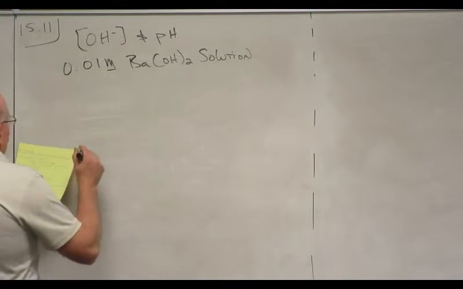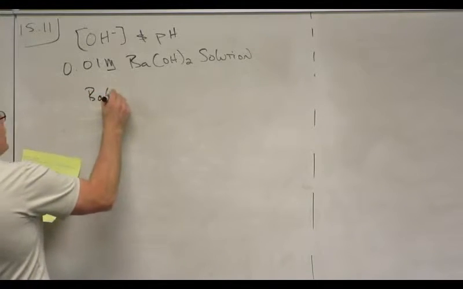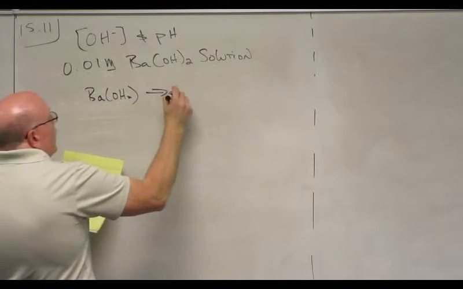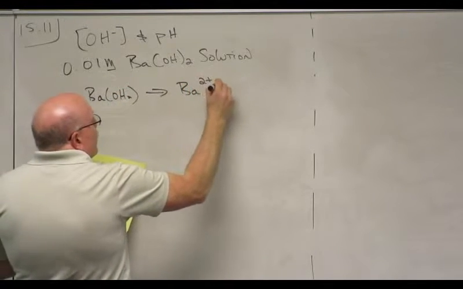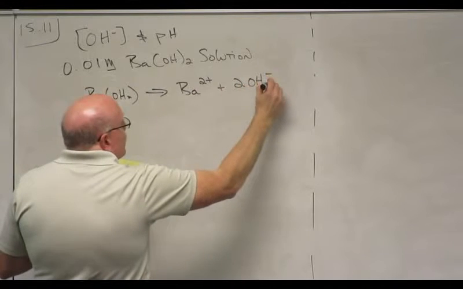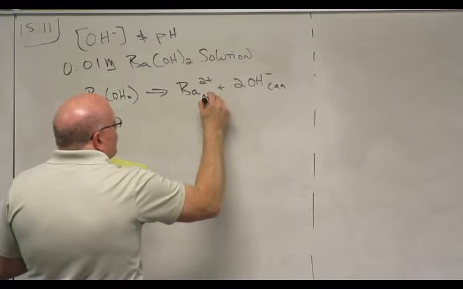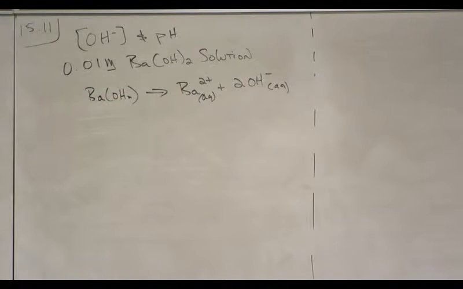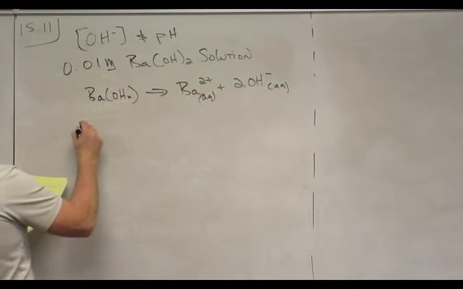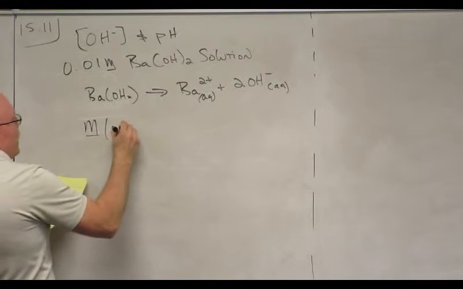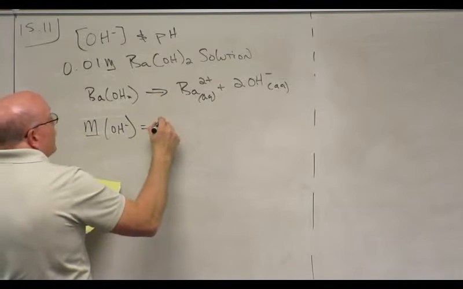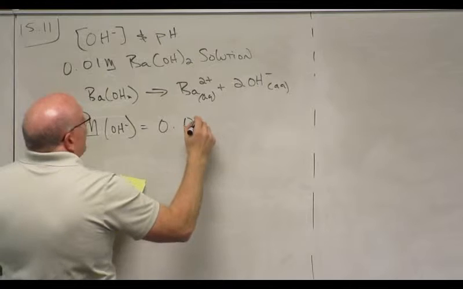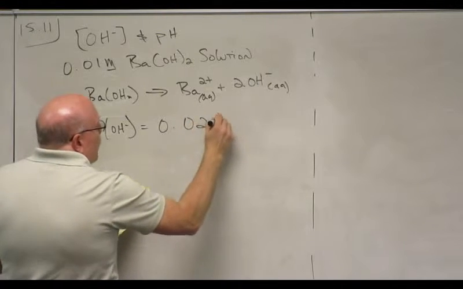But you have to realize that barium hydroxide, when it breaks apart, gives us two hydroxides out of the reaction. So when we look at its strength, the molarity of the base when it breaks down, the molarity of the hydroxide is going to be 0.02 molar.